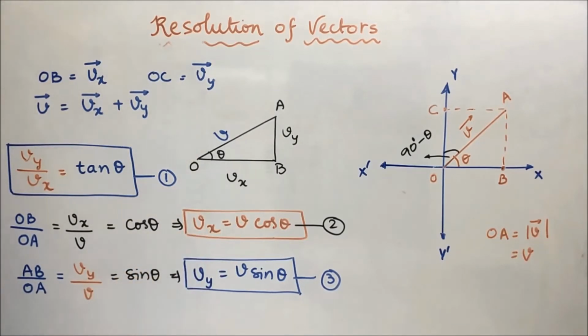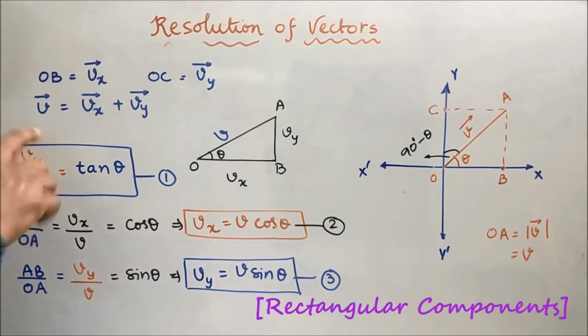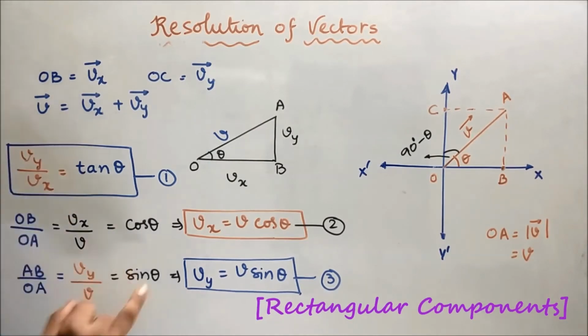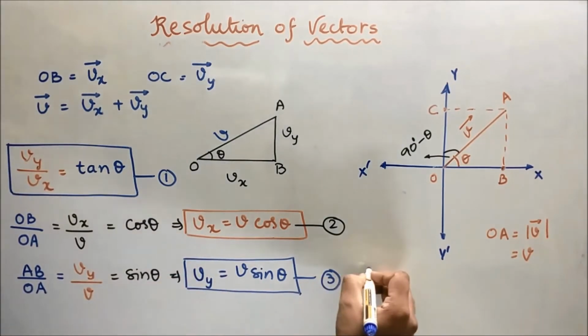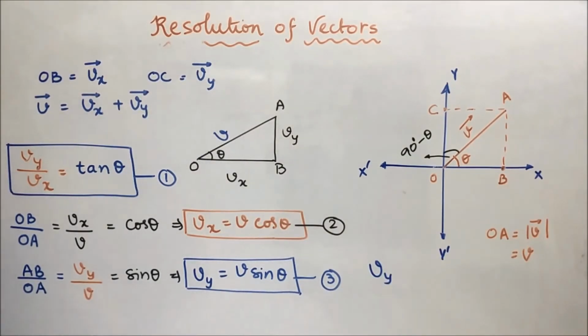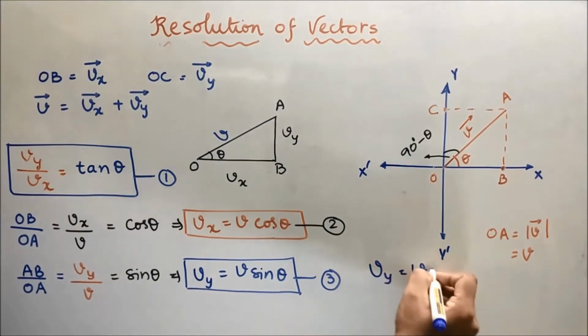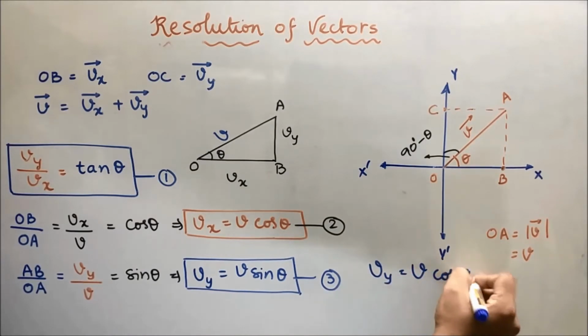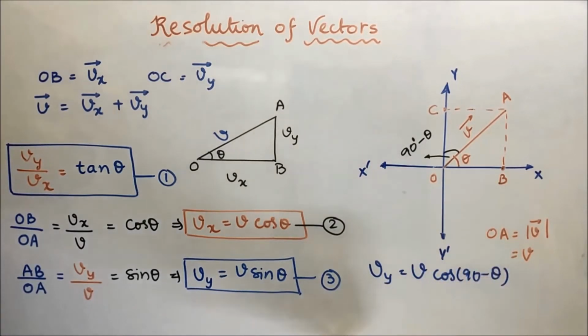Vx is equal to V cos theta, Vy is equal to V sin theta. So if a vector V is making an angle theta with the horizontal, then its components would be V cos theta and V sin theta. I can write sin theta as cos of 90 minus theta.